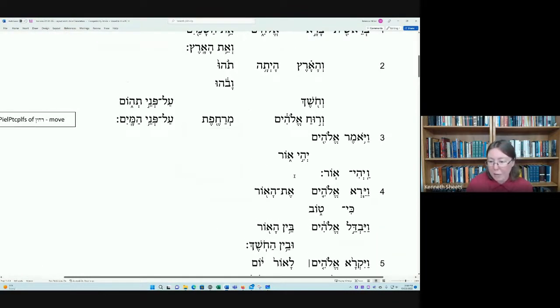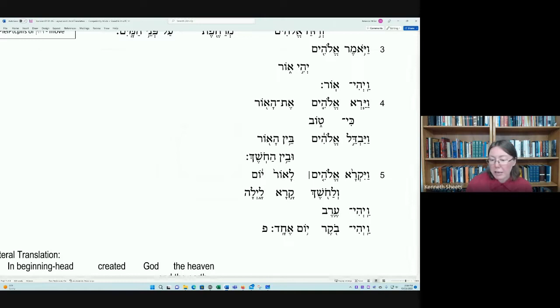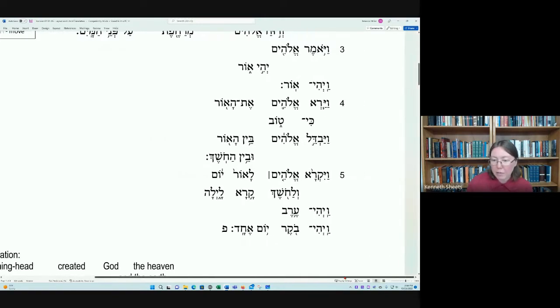And as a matter of fact, I can take you over to Genesis 1 through 5, and demonstrate an example of this, especially right here in verse 5. So here we have then, Vayikra Elohim laor yom. Walachoshek kara laila. So here we have in this instance, Wayikra. We were talking a little bit earlier about the imperfect verbs.